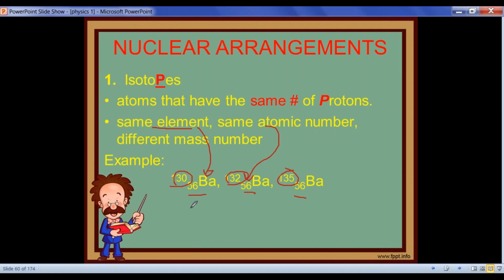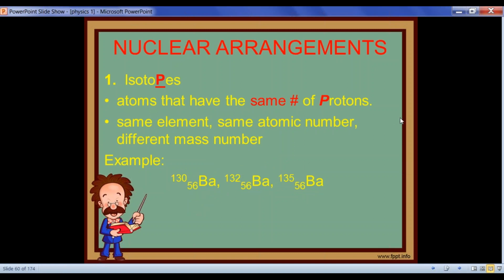Kasi, for example, yung kanyang mass number is 130, tapos ito 130 din. Ito 130 din. Wala po siyang pinagkaiba. So, they are one and the same element. But with isotopes, different atomic mass, but the same element, the same number of protons, the same atomic number. Gets po ba?